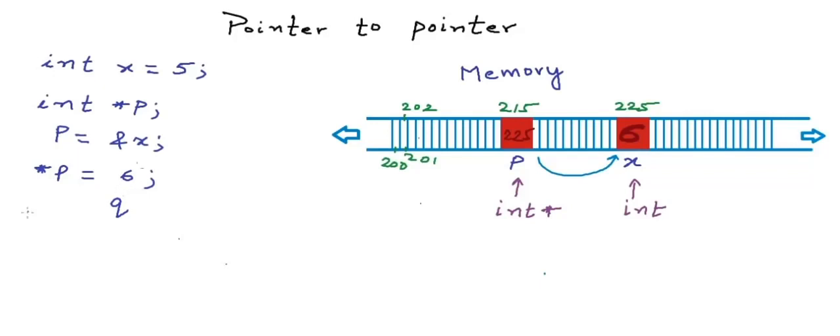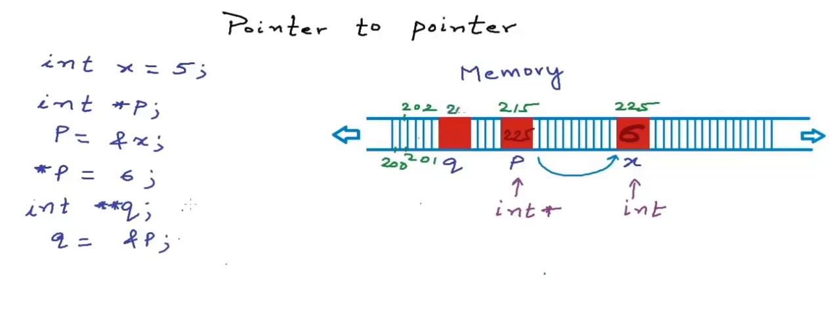So to store a pointer to integer, we will have to say that we want a pointer to pointer. So we will put 2 asterisk signs in front of the variable name, and now this variable Q can store the address of P.